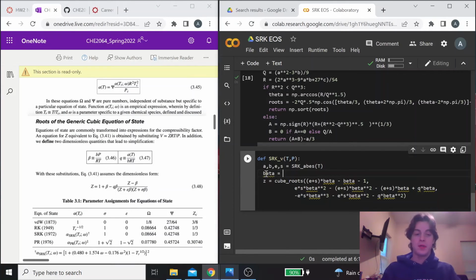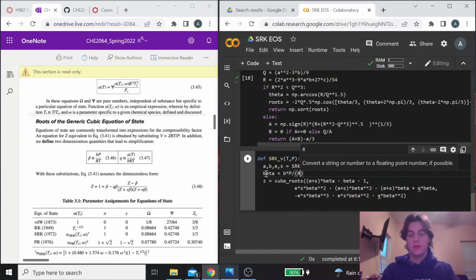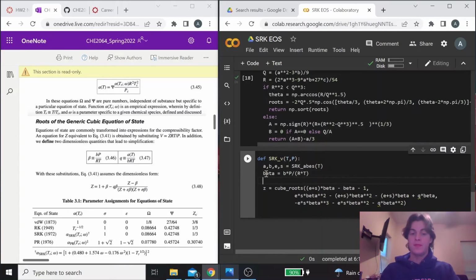Beta is equal to B times the pressure over R times T. And Q is equal to A divided by B times R times T. There we have it. So now we have our z roots.